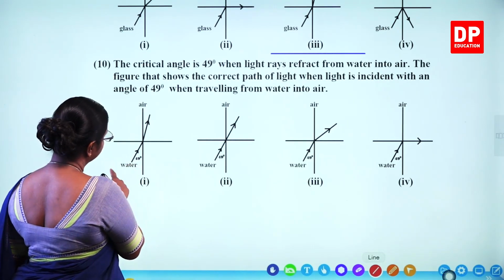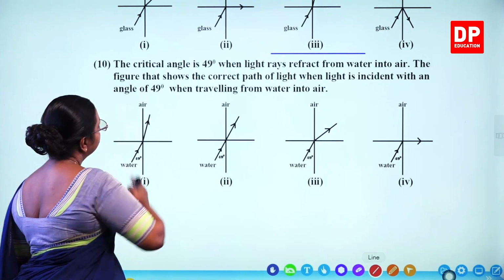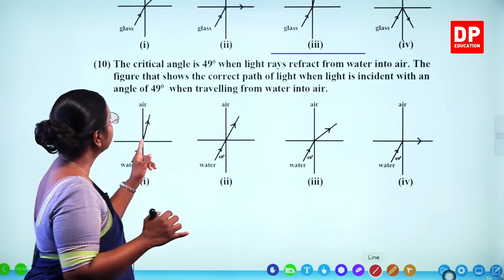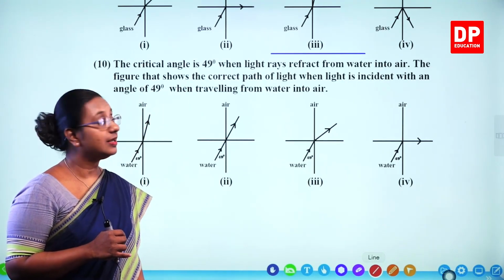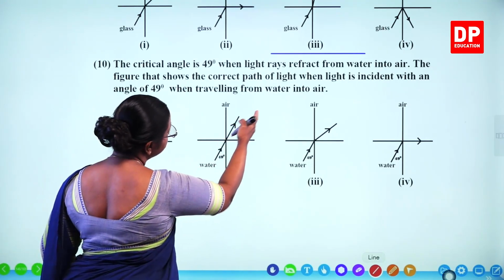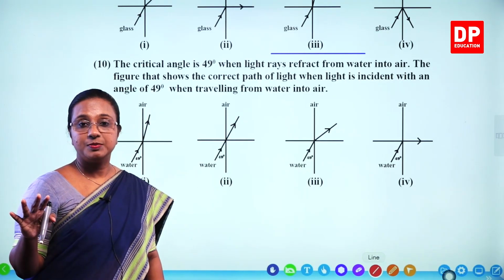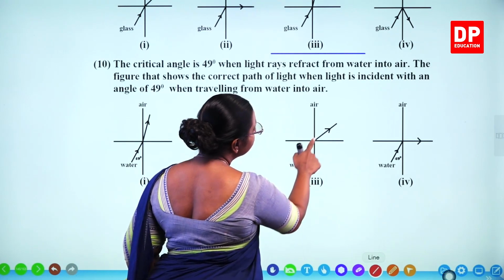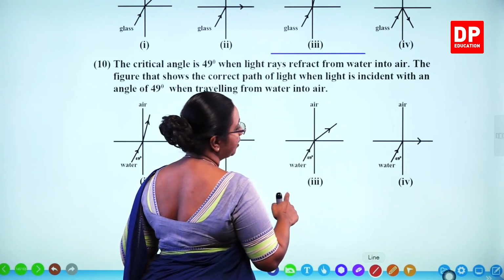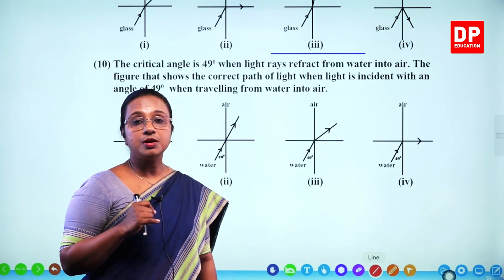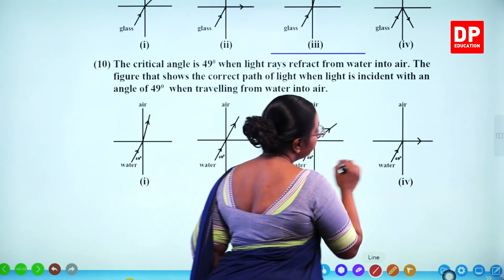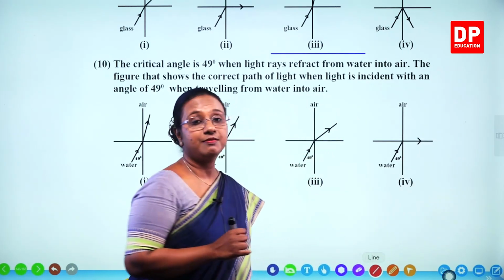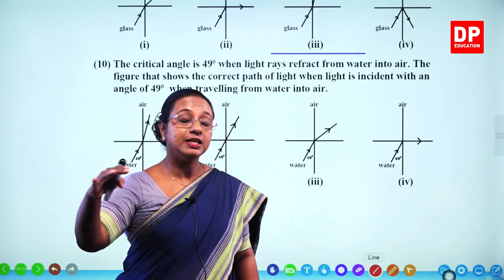So, the first one from water to air bending towards the normal, that is possible but not with 49 degrees. Here it's going in the same path, that is not possible at all. Now look at this one, 49 degrees, it refracts away from the normal, that is also not possible. If you come to this 49 degrees, this is refracting through the interface.